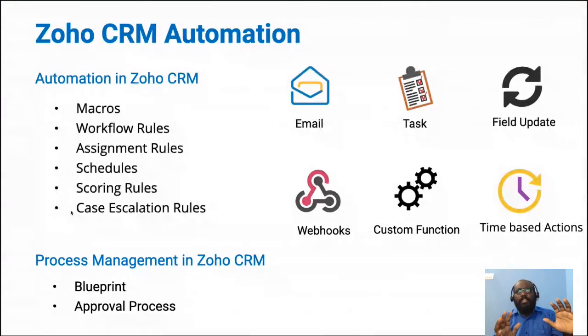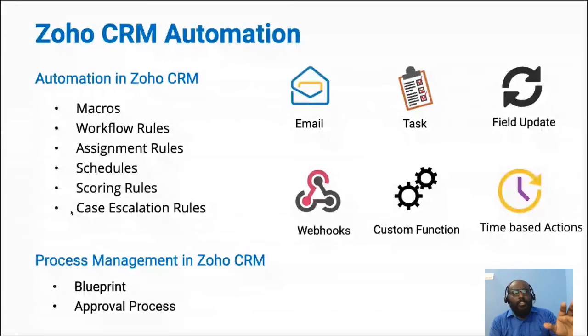This Zogo CRM automation feature set can otherwise be called non-developer tools. All these features, what you have to understand is just the logic, what this feature is actually going to do. Apart from that, you have to set it and forget it. To be very precise, you have to configure it and you can forget it.